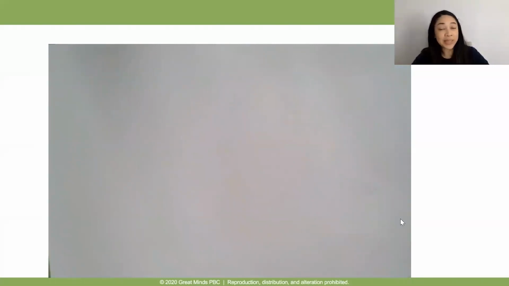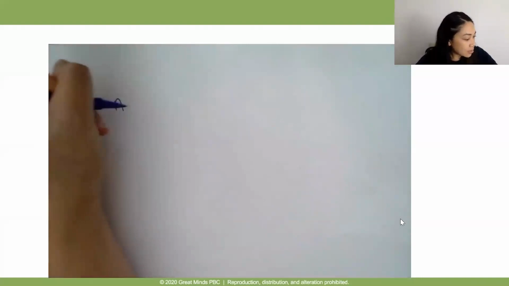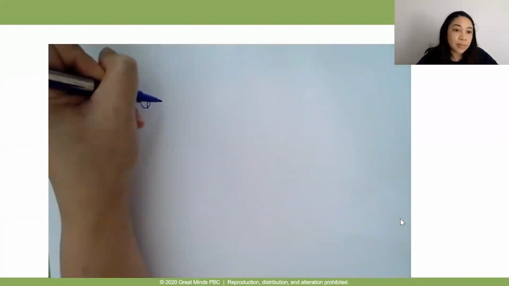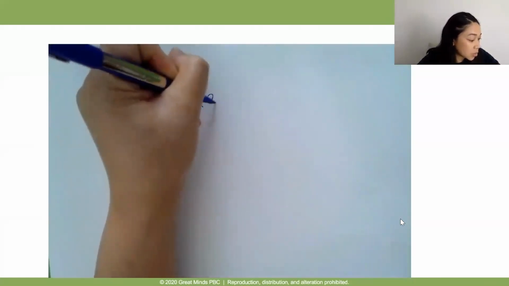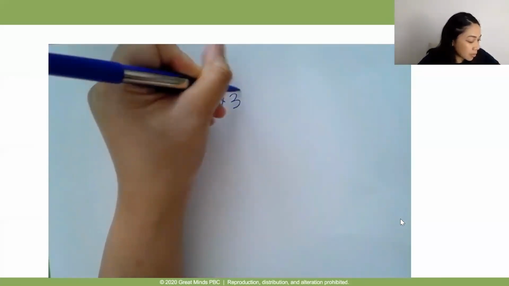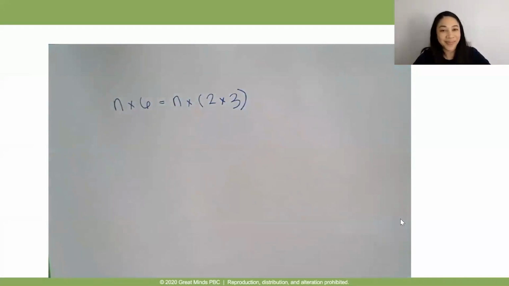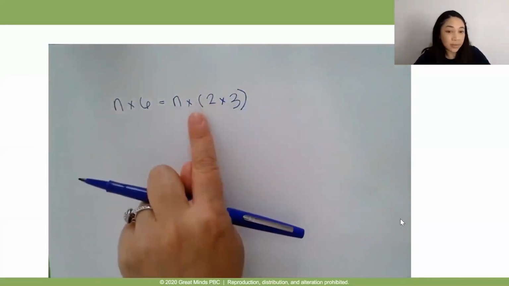We're now going to use a letter to represent the number of 6's to see if it's true for all 6's. N times 6 equals n times, open parentheses, 2 times 3, close parentheses. Let's now associate the n with the 2.